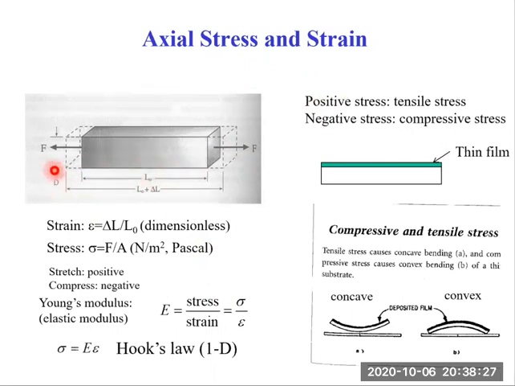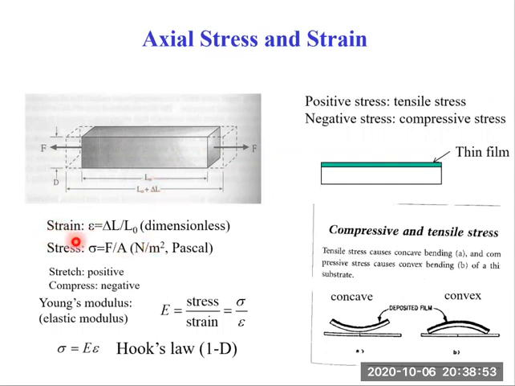We apply force F to stretch or elongate this beam. Its original length is L naught. After stretching, its length is increased to L naught plus delta L. So delta L is the change of length.